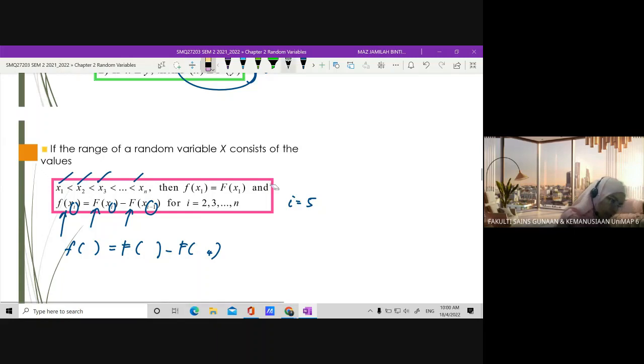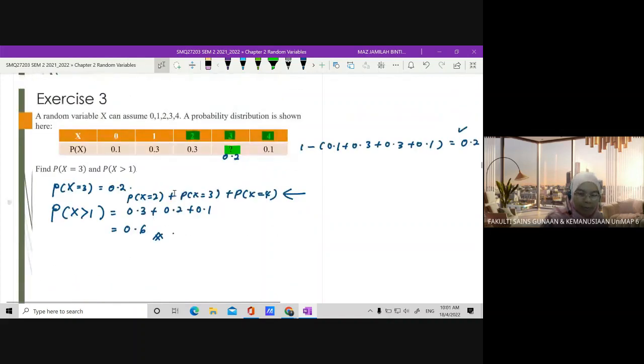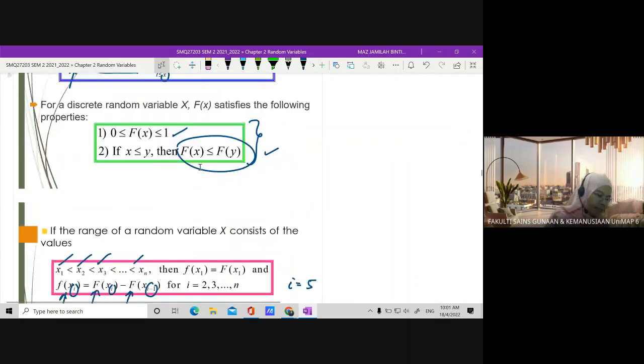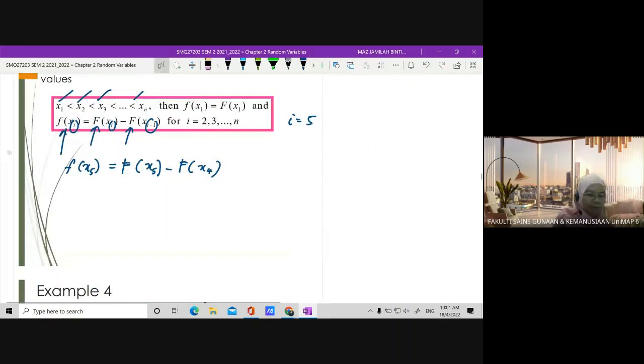So I'm looking for F(x5), so F(x5) minus F(x4). Okay, it's just the same of what we have done so far. But before, in this case, we need to sum each element that we are talking about. Now, we can simplify this by not taking all the elements in your calculation. We simplify by deducting the terms involved only.